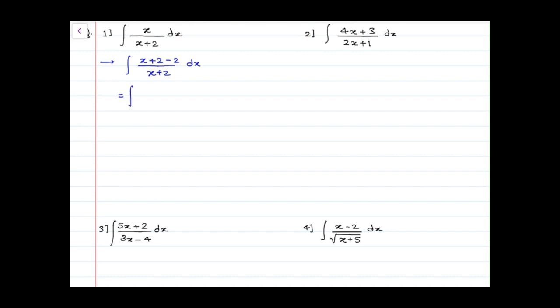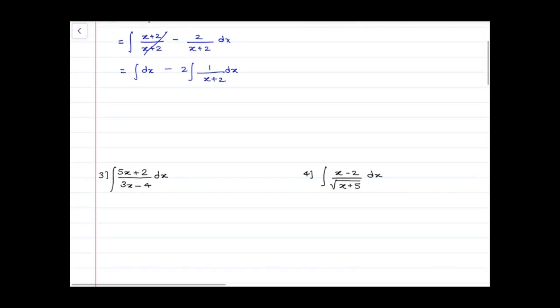Now I can separate the denominator. So what I'll get, x plus 2 divided by x plus 2 minus 2 times 1 divided by x plus 2, right? So first term will get cut and we will remain with 1 dx minus 2 times 1 upon x plus 2 dx, right?